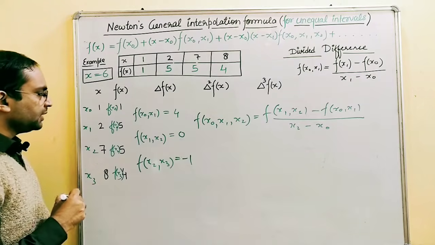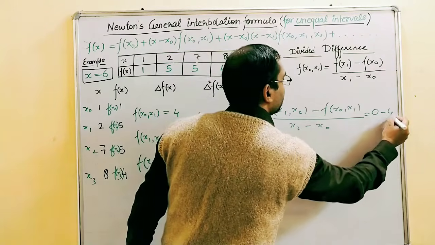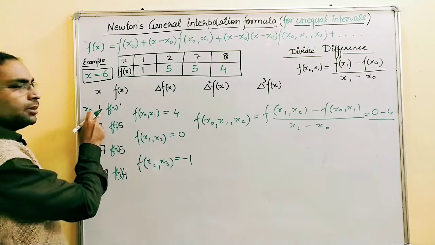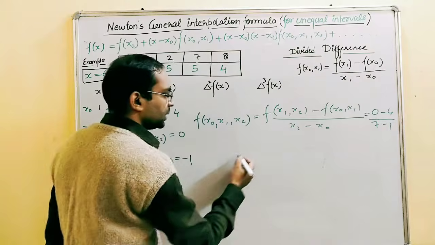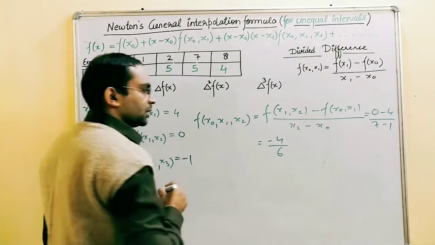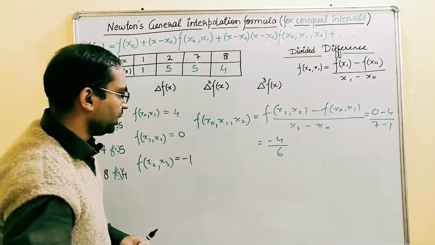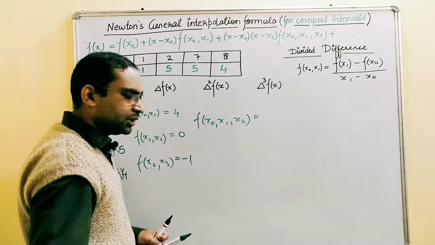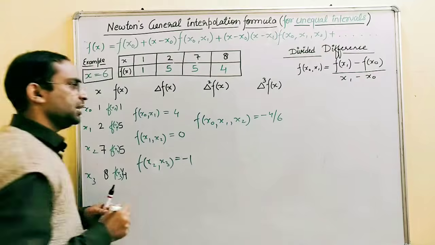So now let me calculate the value. This is 0 minus 4 in the numerator, and in the denominator this is 7 minus 1. So this is coming minus 4 divided by 6. Let me write this value here: minus 4 divided by 6.